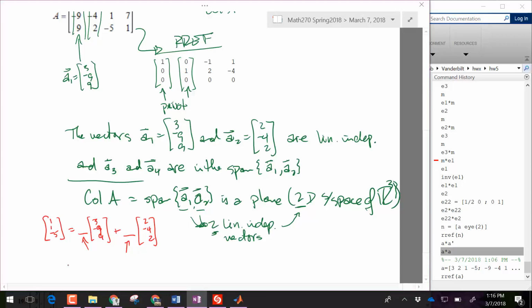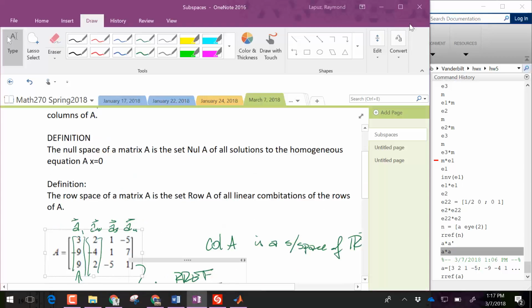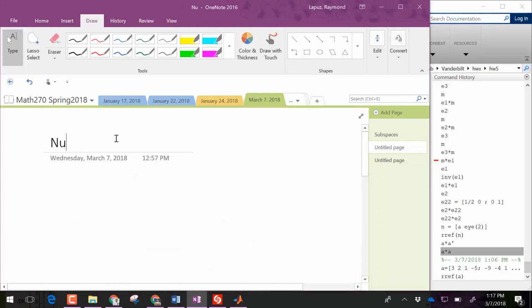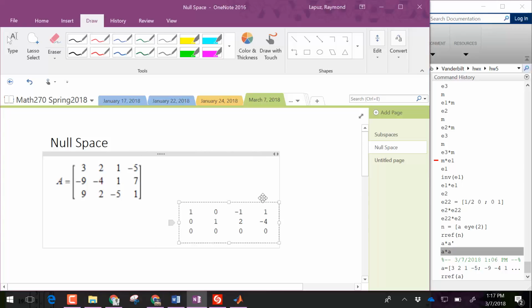Okay, so let's go to the null space. Let's take the same example. Let's take a look at the null space.